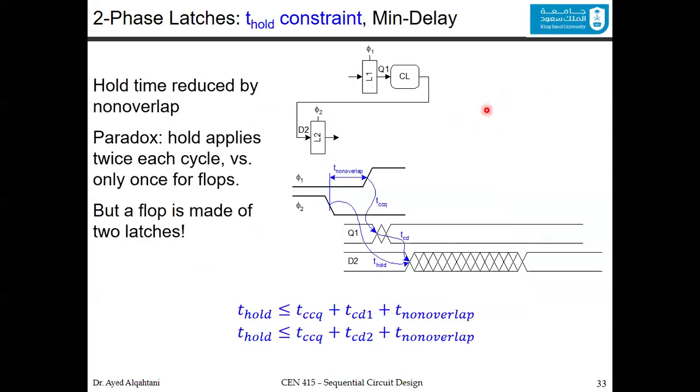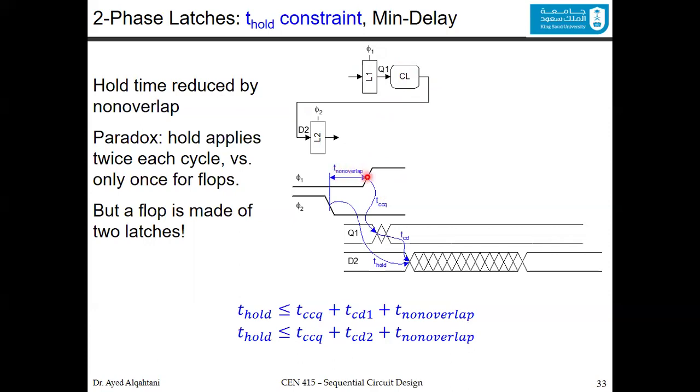Now for the holding constraints. Again, we have a passing time and a holding time. The holding time must be less than the contamination clock to Q. Now we worry about the clock to Q because this is the fastest time, not the D to Q. The fastest is from clock to Q, plus the contamination delay through the combinational logic, plus the value of the non-overlap.